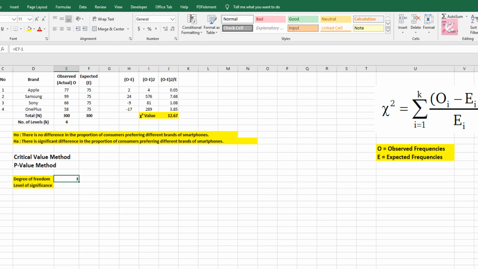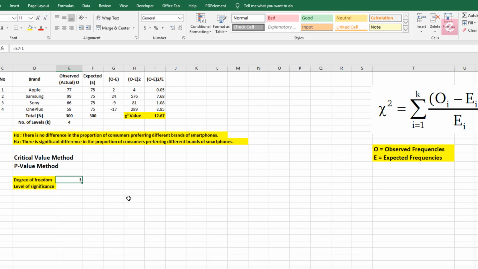That means 1 minus 0.95 or 100 minus 95. Very simple. So here our level of significance is 0.05. The meaning of this 0.05 is that the finding has a 5% chance of not being true, which is the converse of a 95% chance of being true.